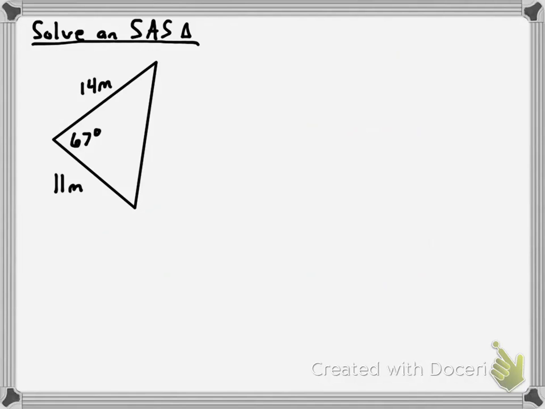Now let me just call this third side right here x. I don't necessarily want to use a's, b's, and c's at all. And then in order to use the cosine rule to find that missing side length, you're putting the side length that you're trying to find by itself, first of all.